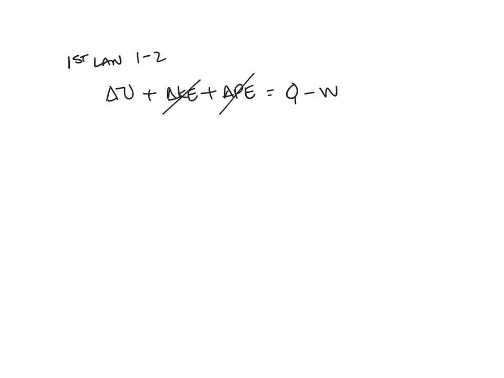We were actually asked to solve for both Q and work, so it would be a bit of a stretch to cancel either of those out. So we're going to end up needing to solve for the change in internal energy, where we find mass times U2 minus U1. And it looks like we'll be using 2 different methods to check that.